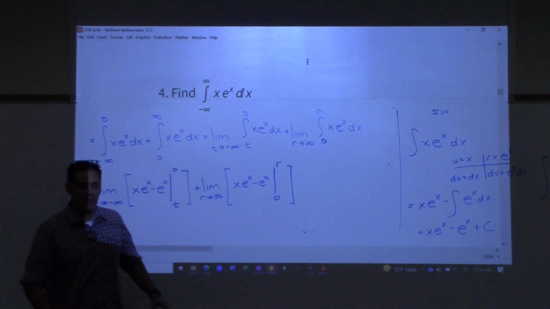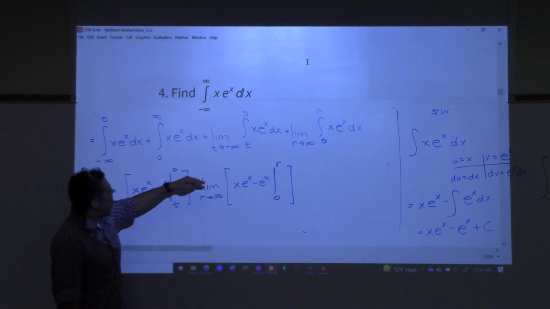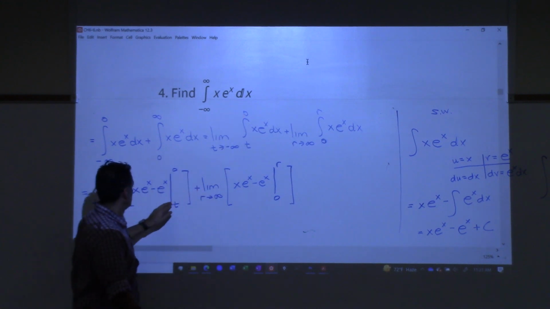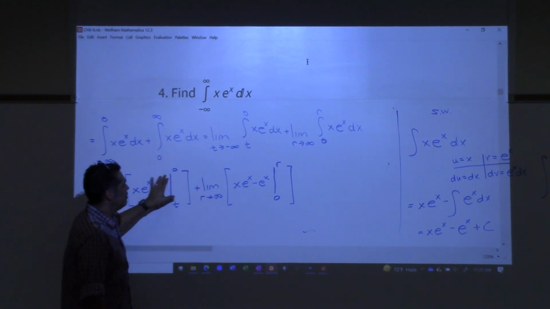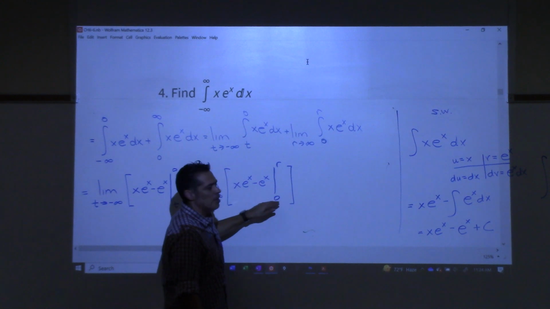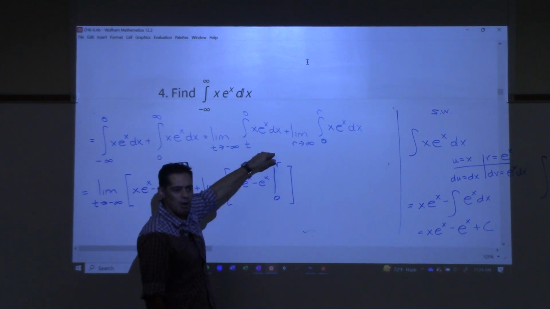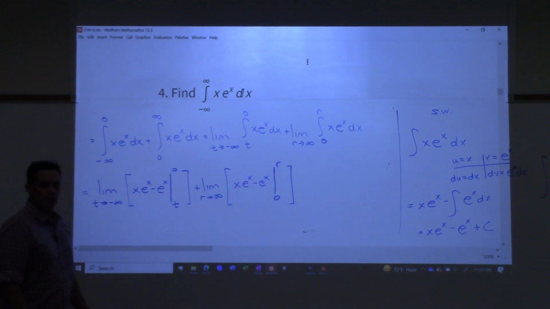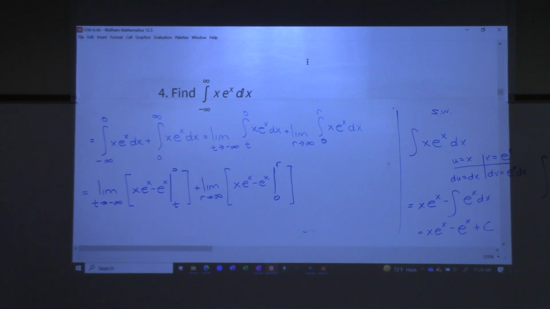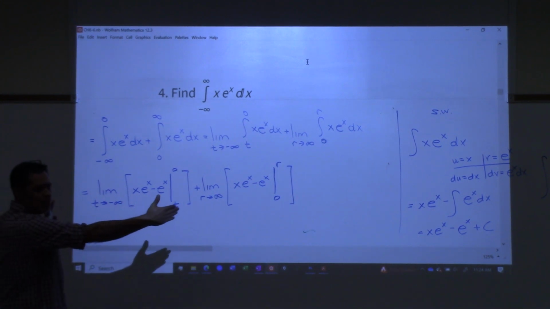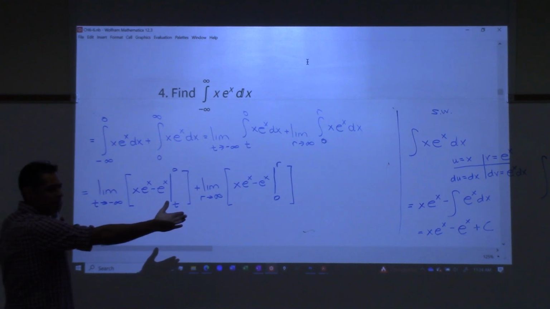Everyone understand where those are coming from? We went from t to 0, so the antiderivative goes from t to 0 here. We went from 0 to r, so our antiderivative we evaluate from 0 to r. When I say evaluate from something to something, I'm always imagining myself moving left to right on the number line.